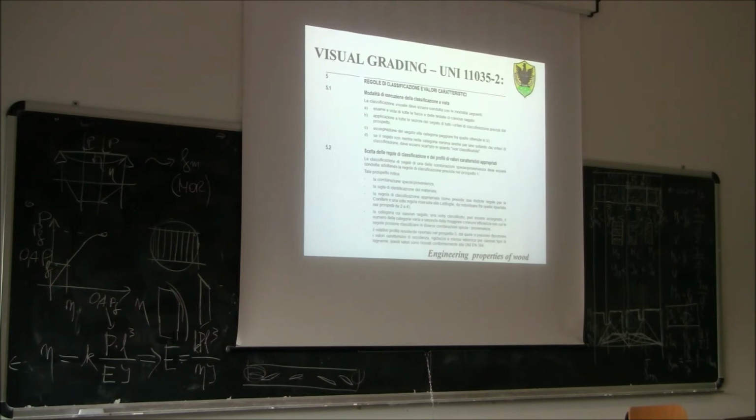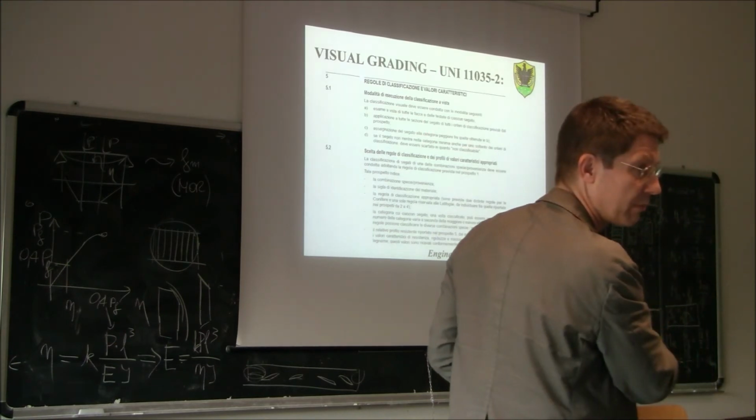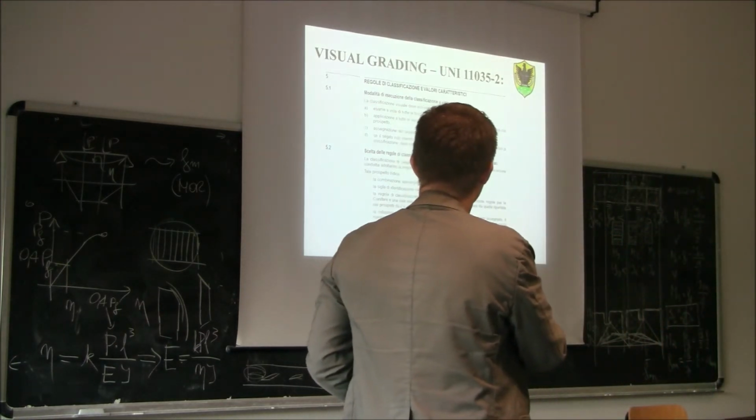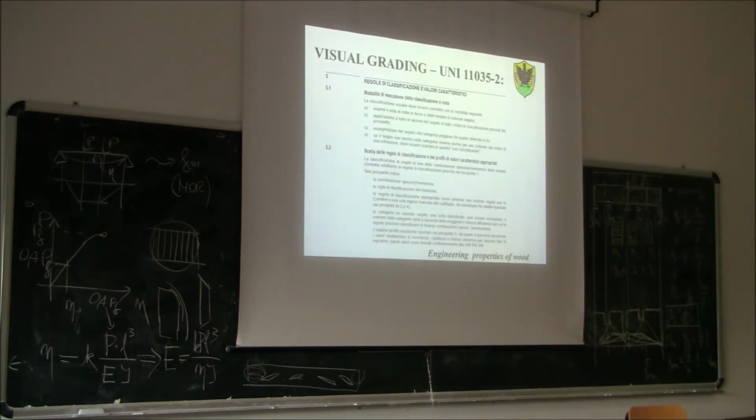If it comes out that this can be classified in 2 or 3 classes, of course you need to take the worst one. And if it does not comply even with the minimum strength requirement, then you have to reject it. Reject means you cannot use it for the structure. Okay?